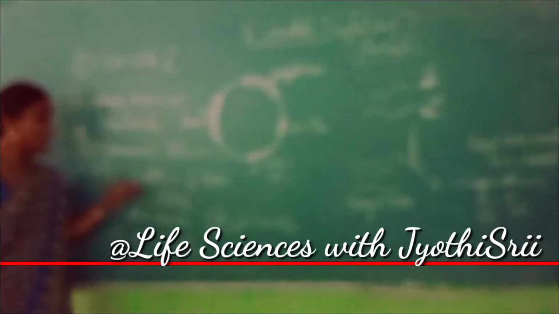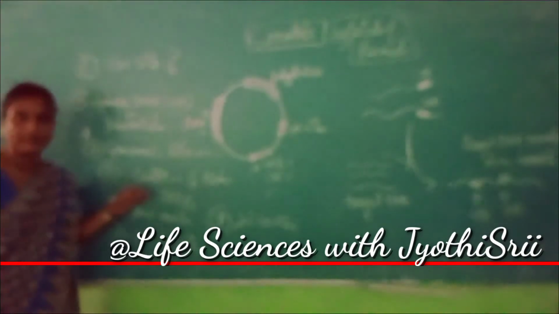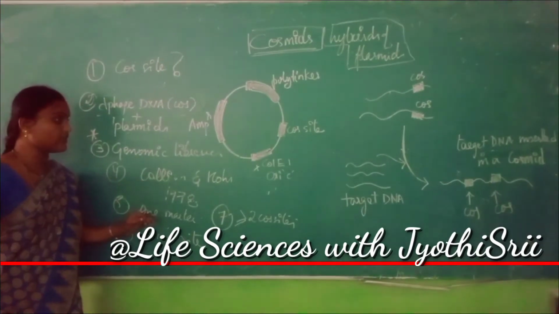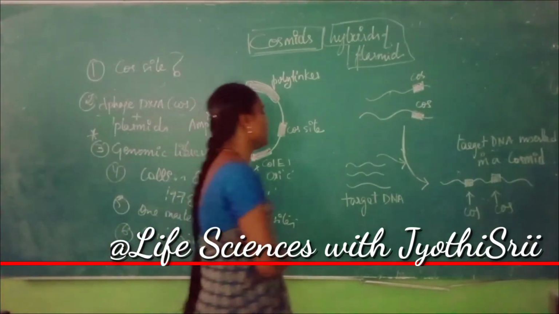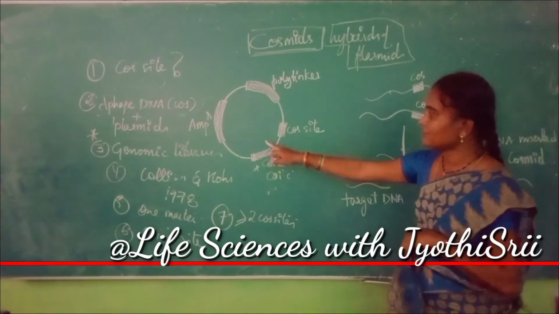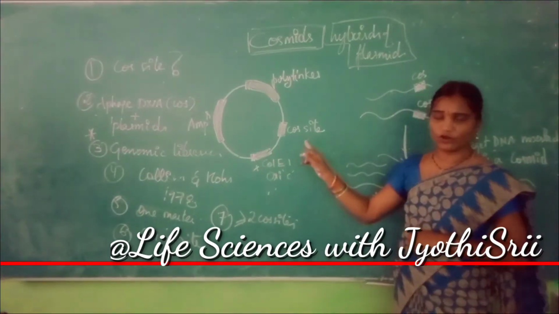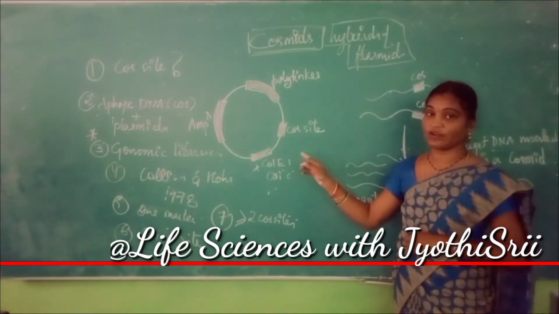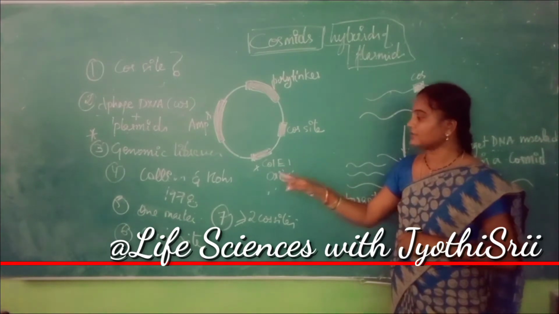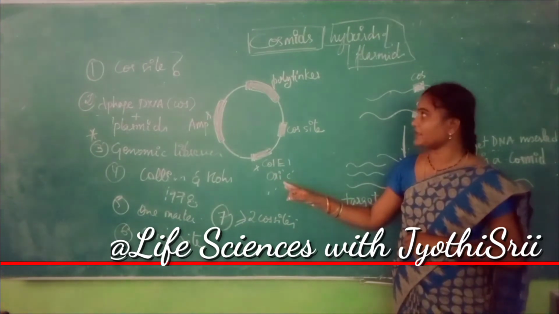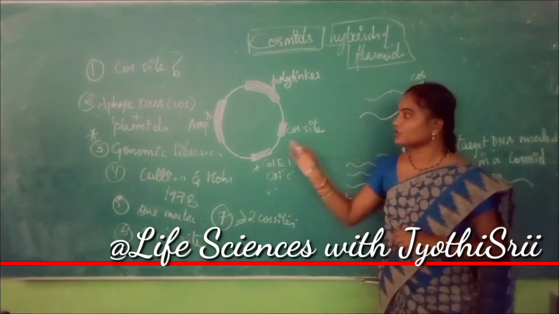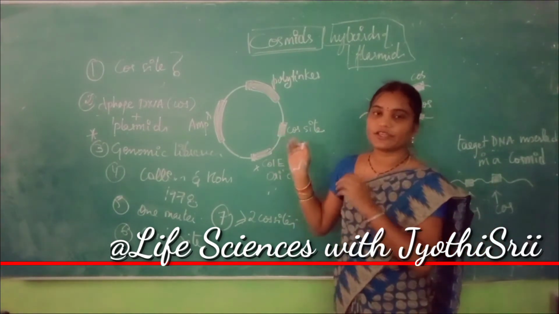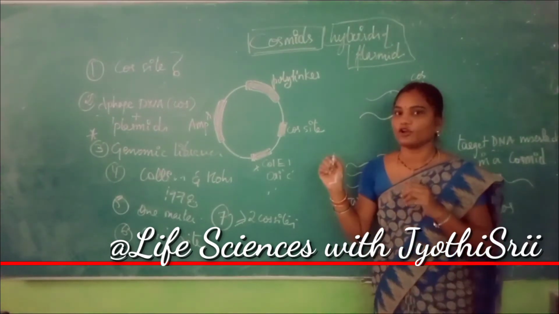Collins and Hohn introduced this cosmid vector in 1978, and it has one marker gene, one or two cos sites, one origin of replication, and a polylinker. This is the general criteria for a cosmid.